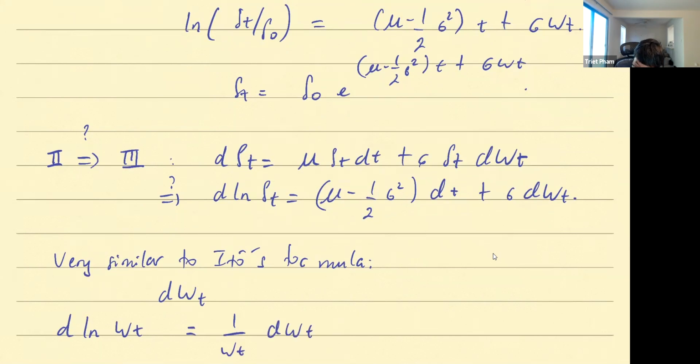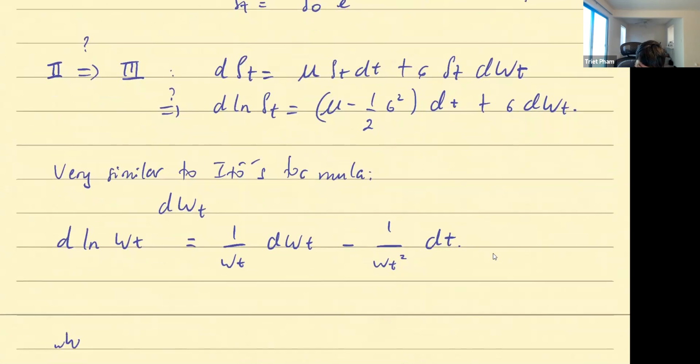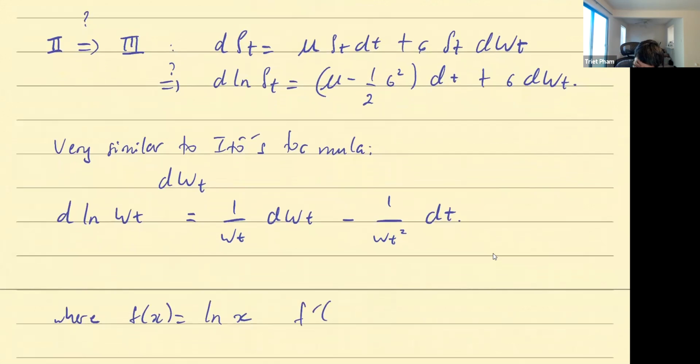It's just this, where the function that we're looking at is natural log of x. The derivative is 1 over x, and the second derivative is minus 1 over x squared.